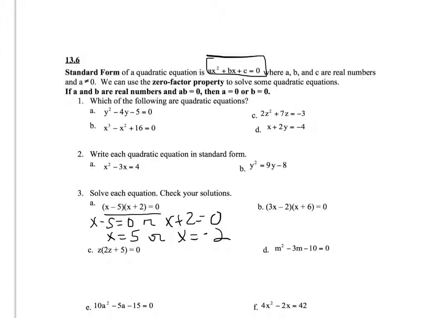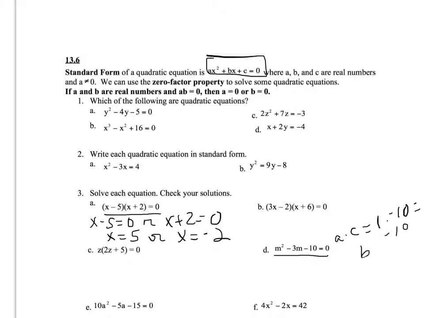If I have an expression that is not already factored, such as this one on D, but it is all set equal to 0, it's ready to factor. So I simply use that AC method. I'm going to need a pair of numbers that multiplies to give me 1 times negative 10, which is negative 10.